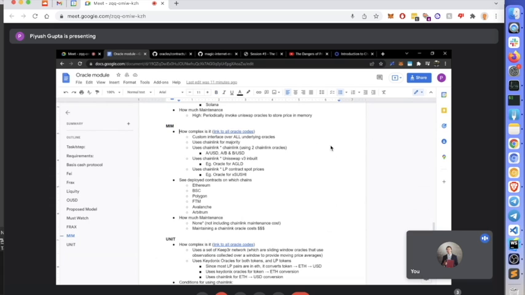How long do you think it would take to implement all necessary features? To highlight them: have a main oracle for a wide variety of assets, have it on multiple chains, have a fallback in case of emergency.